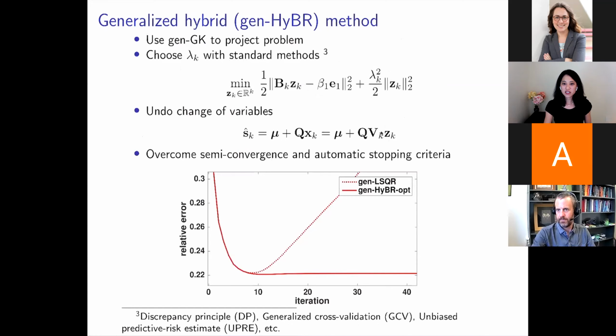Once I get my z sub k, I work my way backwards to get the approximation of my solution, this s sub k. Here's an illustration: with the standard LSQR type methods where you have no regularization, you get semi-convergence, you see the U-shaped error curve. But with the hybrid approach, if you are able to choose the regularization parameter appropriately, then you can get this flattening of the relative error.